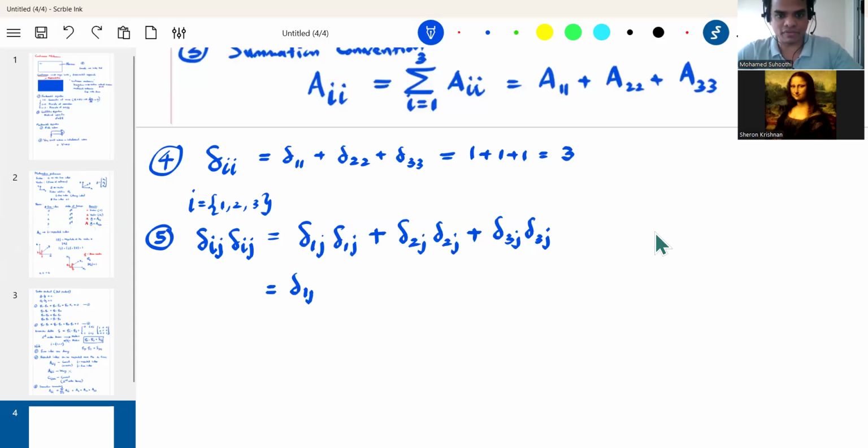Now I have to substitute j equal to 1: delta 1 1, delta 1 1, plus now j equal to 2, delta 1 2, delta 1 2. Now j equal to 3, delta 1 3, delta 1 3. Again, these three terms are only for the first part.